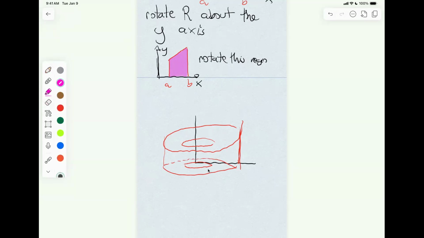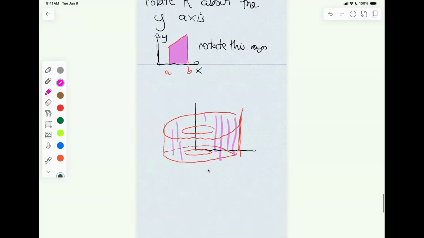You can see what I have in mind, hopefully. Okay, so that is the volume that we're trying to find. I want to find this volume.